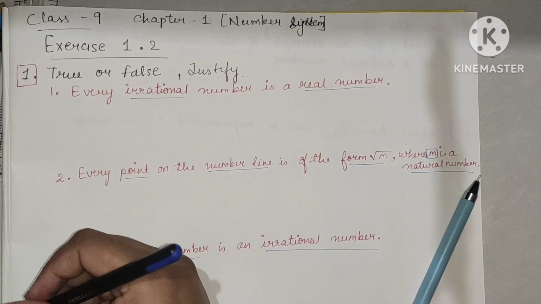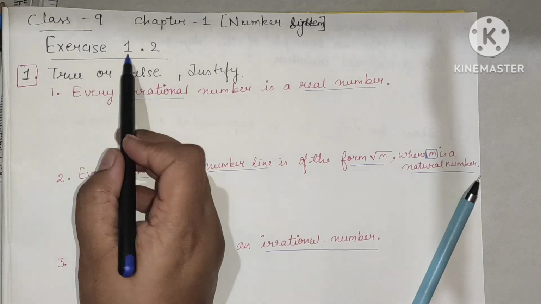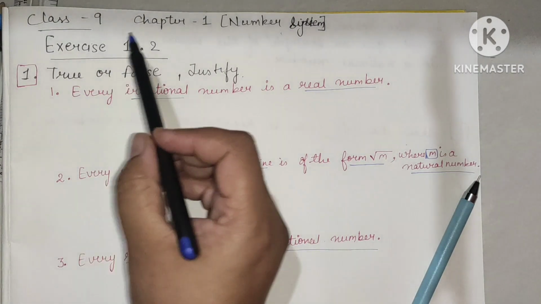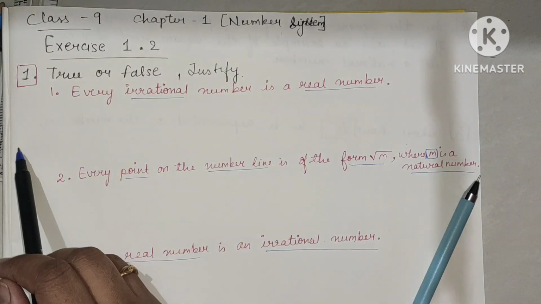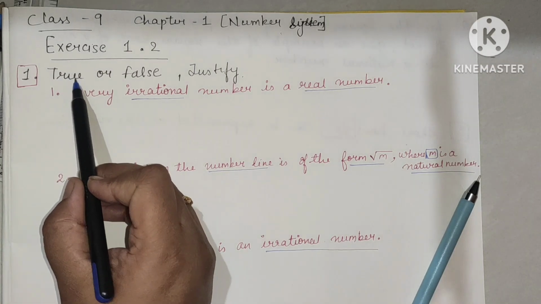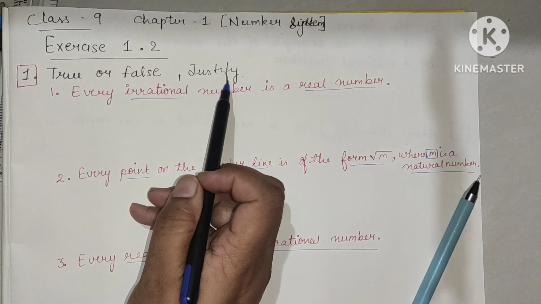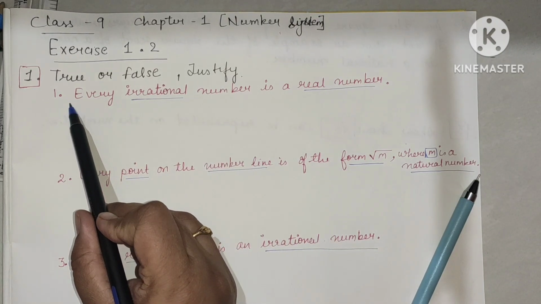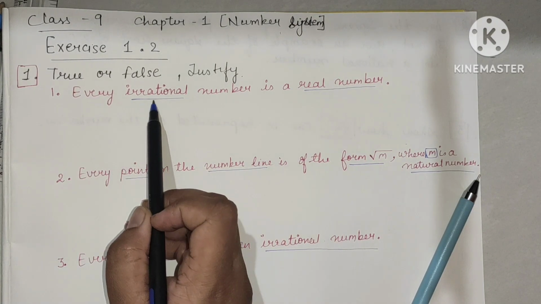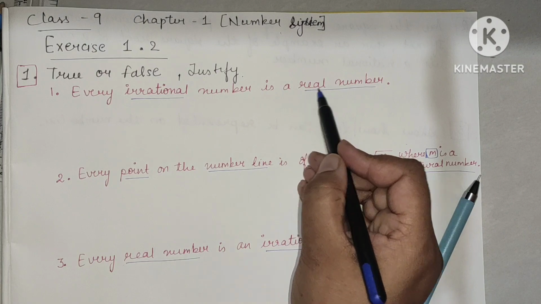Okay, now we'll start with exercise 1.2 of your chapter 1, number system. First question is true or false, and then you have to justify it. The first statement is: every irrational number is a real number.